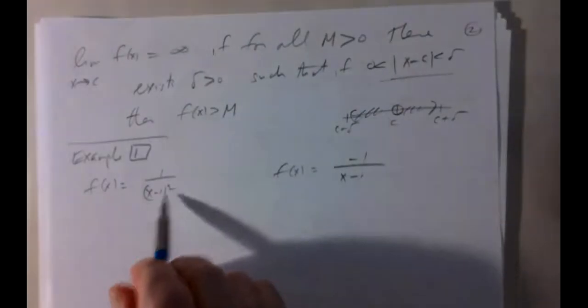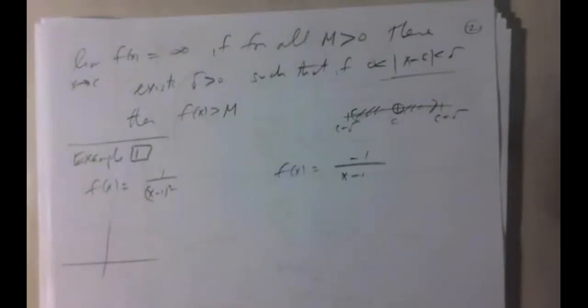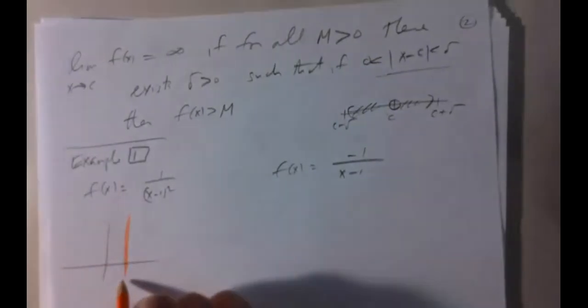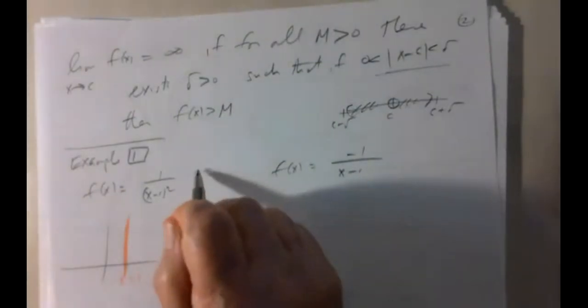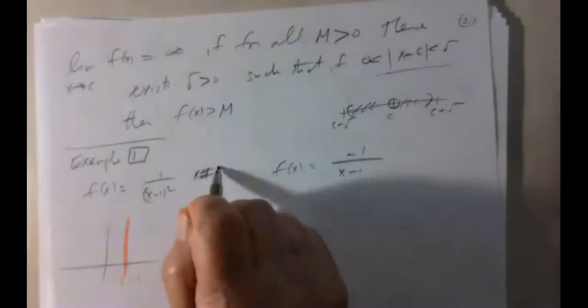And we want to find the limits as x approaches 1 for these functions. Now, for the function 1 over (x minus 1) squared, this is the line x equals 1. The function is not defined there. This is only defined for x not equal to 1.